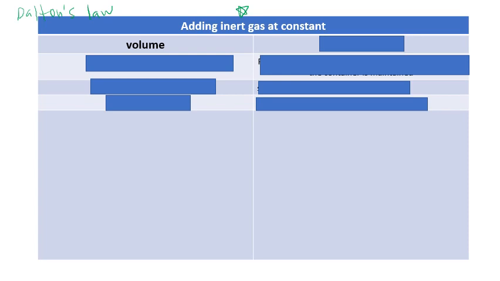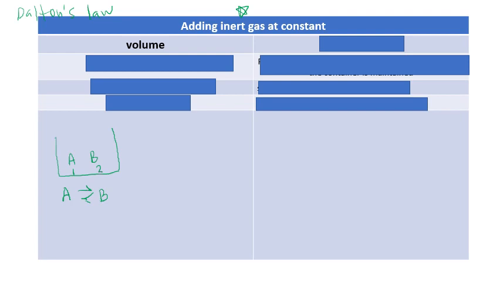Let's say initially we have a container with A and B, where gas A becomes gas B. Each of them has a partial pressure of 1 atm and 2 atm respectively.